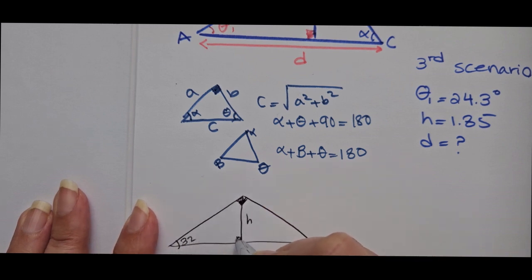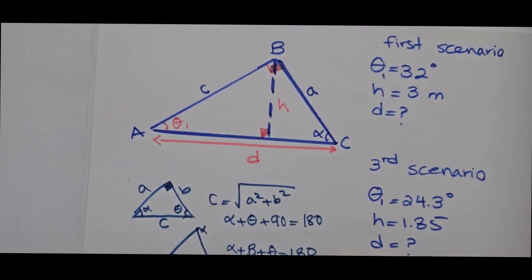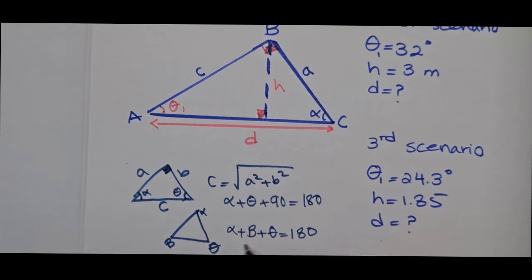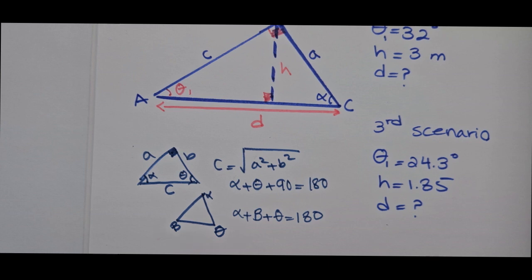This is 90, so if this is 90, this is 32. What is the other angle in front of it? That would be 58. This would be 58. Okay, so let's see what else is given. The h is also 3. So the h is 3, but they want us to find this distance. Okay, so this is d.